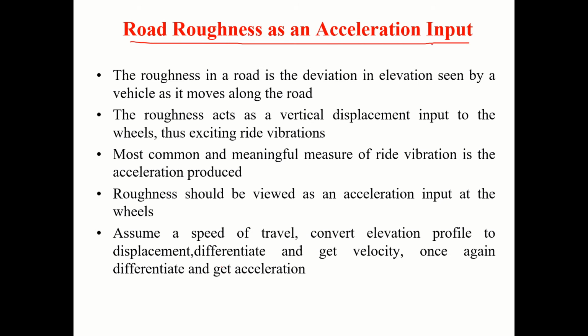The roughness in a road is the deviation in elevation seen by the vehicle as it moves along the road. So this is what I'm talking about, the elevation part of it. This is the roughness.